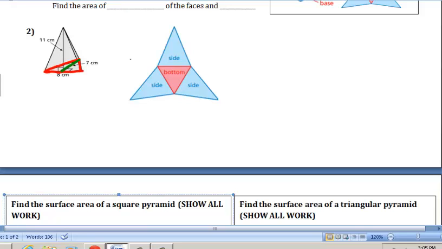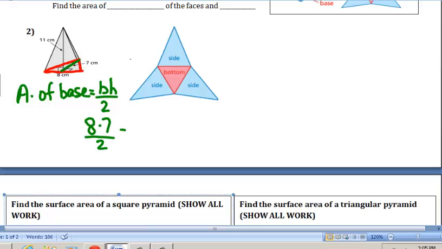So let's go ahead and find the area of the base. Area of base or bottom equals b times h divided by 2. In this case, 8 times 7 divided by 2, which is 2 goes once, 2 goes 4 times 7 is 28.